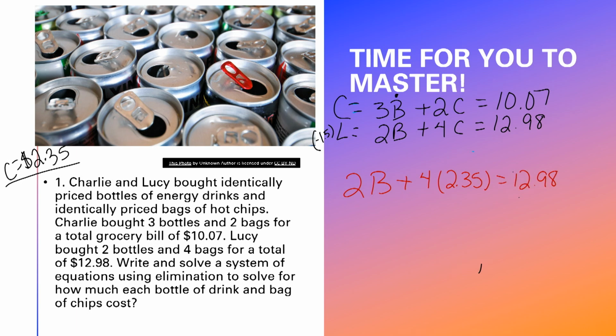Always want to make sure that I get rid of those parentheses, so I'm going to say in my calculator 4 times 2.35, and I get $9.40. And then I'm going to bring everything else down. Isolate my variable by subtracting 9.40 on both sides.